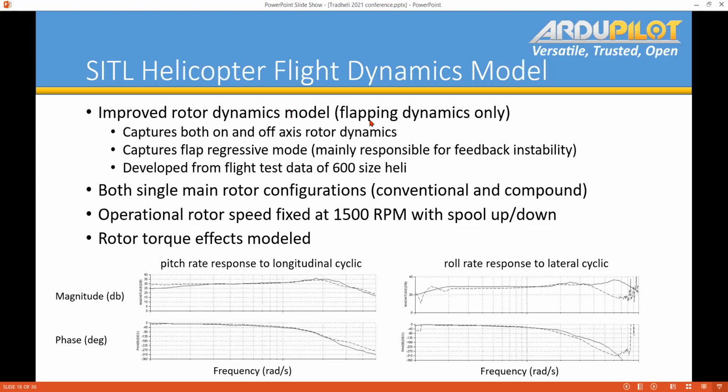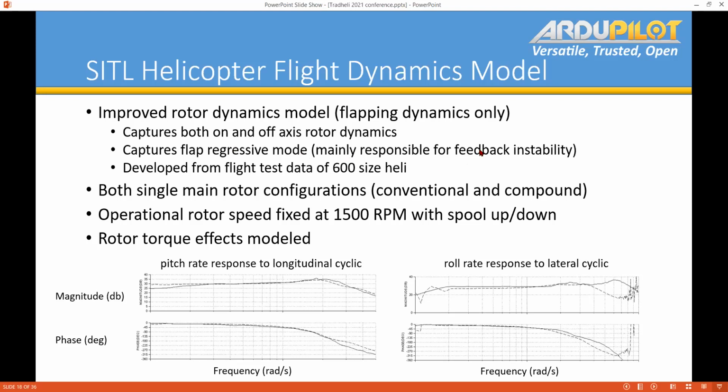Right now, the model is only flapping dynamics, and that basically accounts for that coupling that you saw for a stiff rotor system. It captures both the on and off axis rotor dynamics. The flap regressive is one of the two modes of the rotor mainly responsible for that feedback instability.